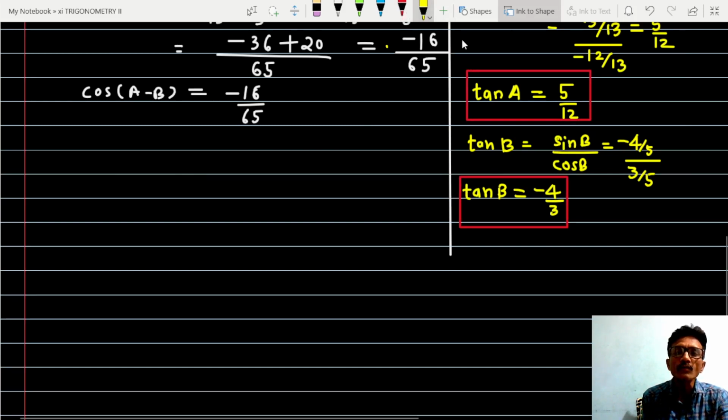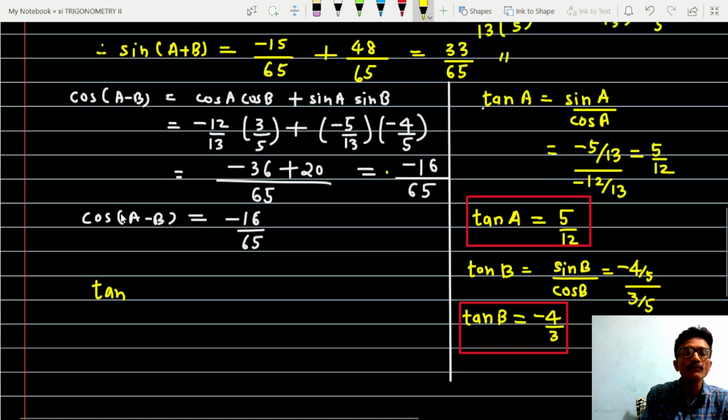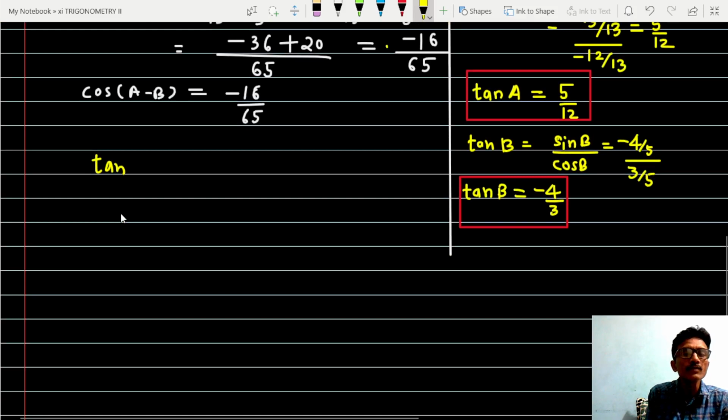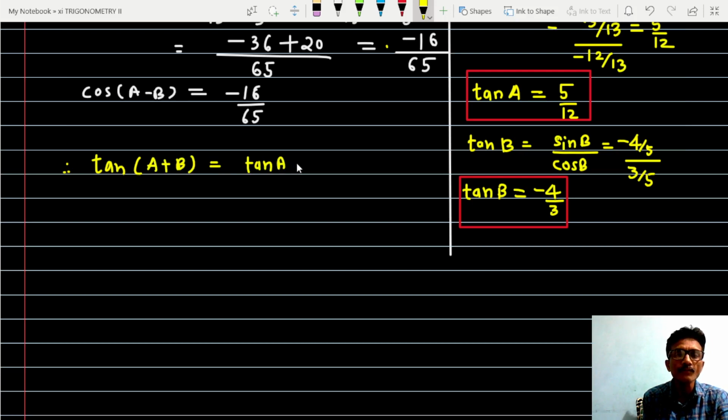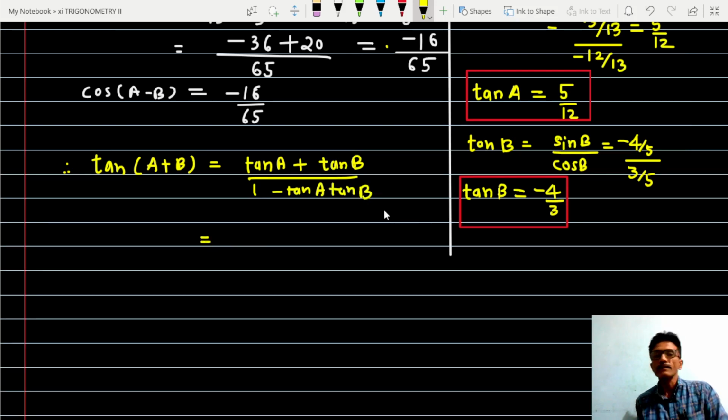So you will find now tan of A plus B, which is tan A plus tan B upon 1 minus tan A into tan B. What is tan A? 5 upon 12. What is tan B? Minus 4 upon 3.